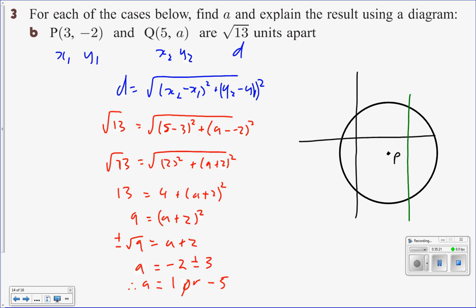I find it is here at 5, 1, or 5, negative 5. As each one of those is square root 13 units apart. So that's this point and this point. Because that distance there is square root 13 units.